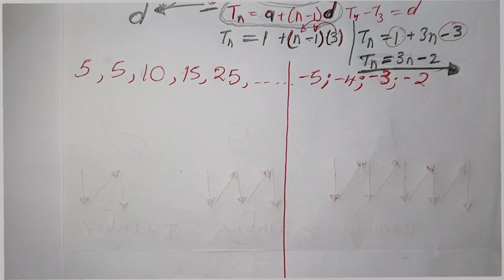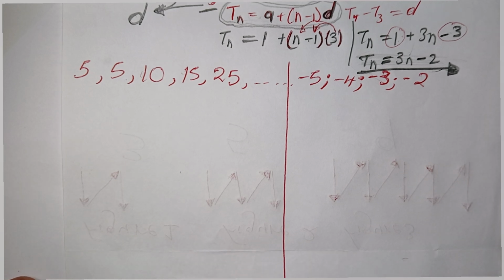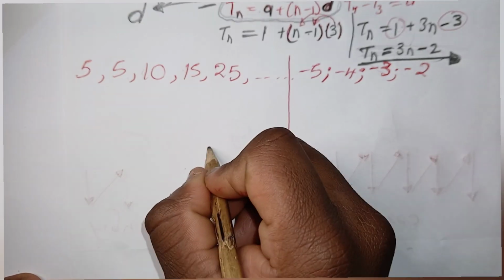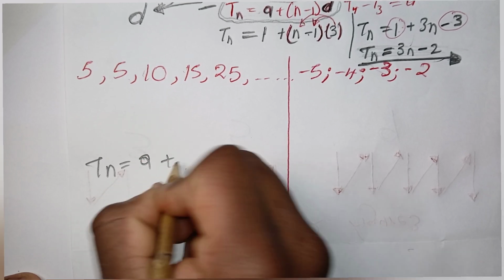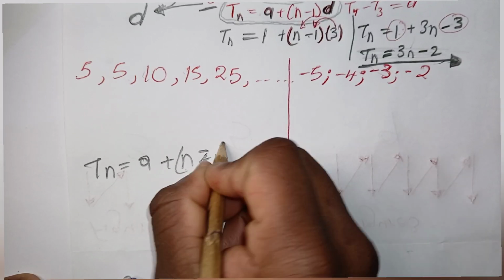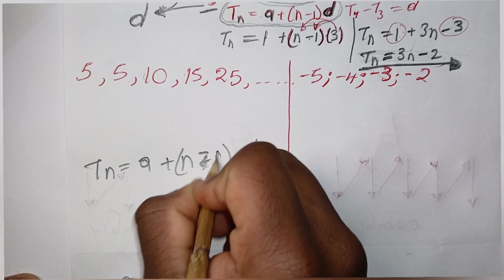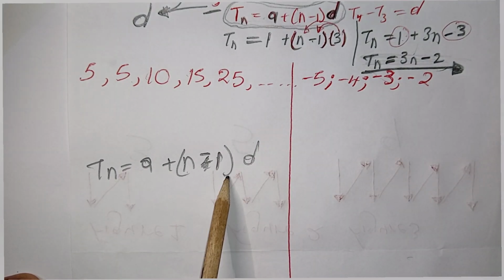So here's another question. Here we are still forming the general equation, and it is in this format: A plus, oh sorry, A plus (n minus 1)d. This is what we call a general equation.